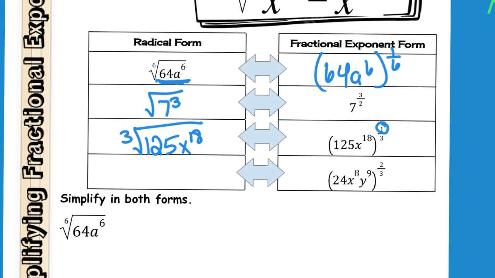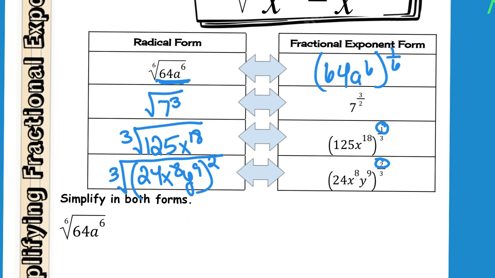And then we have 24x to the 8th y to the 9th raised to the 2/3. So 24x to the 8th y to the 9th is being squared, and it has a cube root.